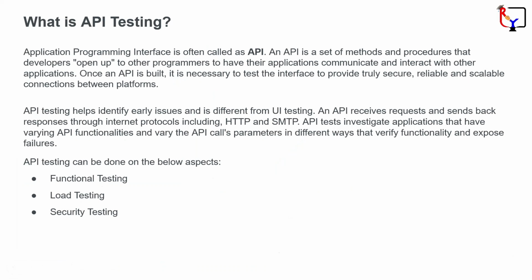Because every website, Android app, iOS app, or any other application integrates some API. So when we perform functionality testing on the UI, whenever we perform any activity, that activity is handled through the API. So whether we test the UI or an Android app, we get different kinds of issues.